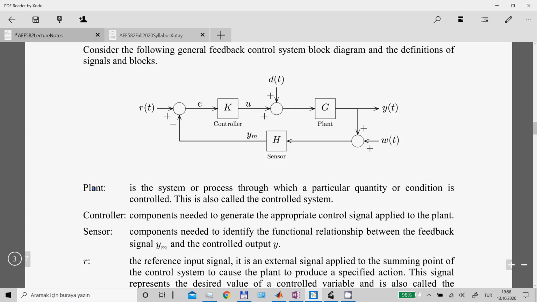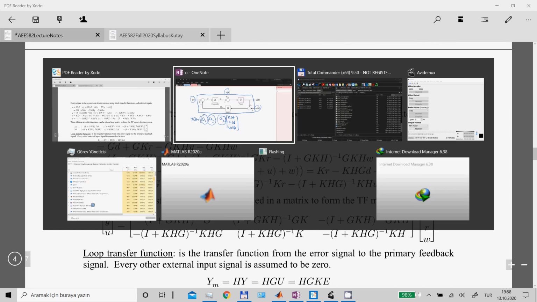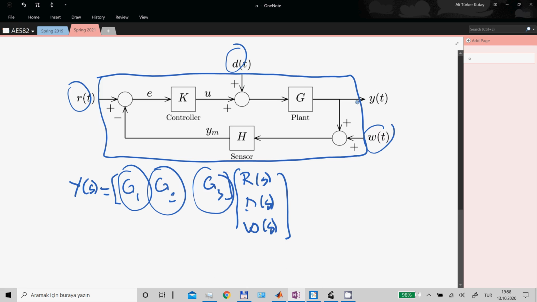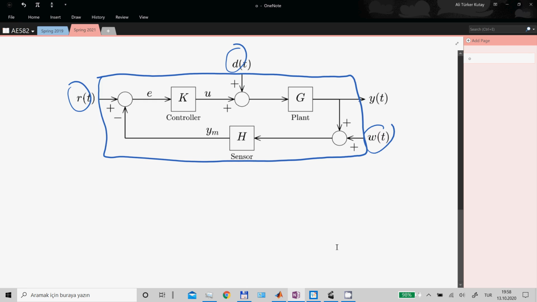You basically just take a look at the block diagram, and Y is, so let me just remove this part. Y is equal to what? It's the output of the block G, right? So you multiply G with the input to that block, and the input to that block is U plus D.